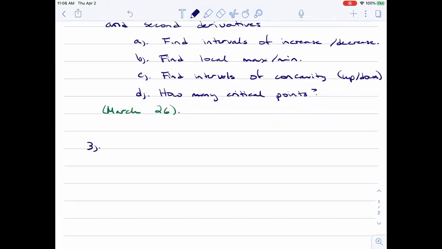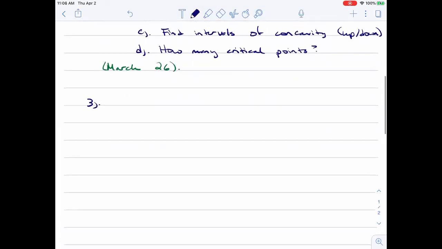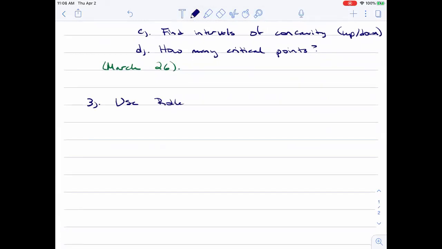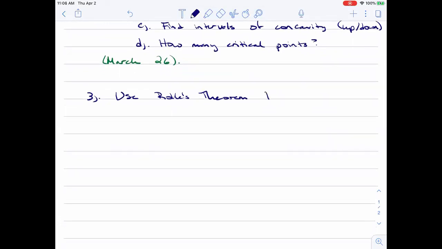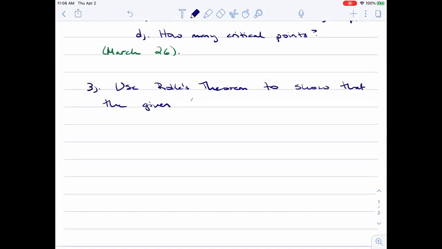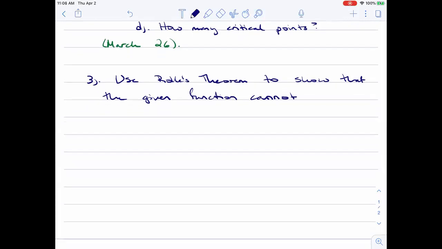The third question asks you to use Rolle's theorem to show that the given function cannot have two or more roots.